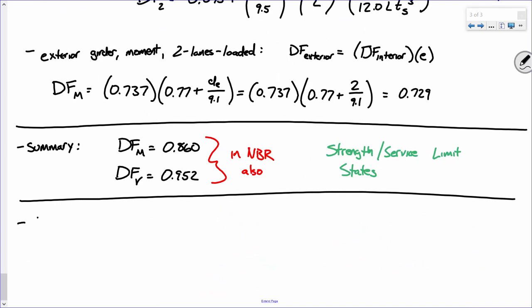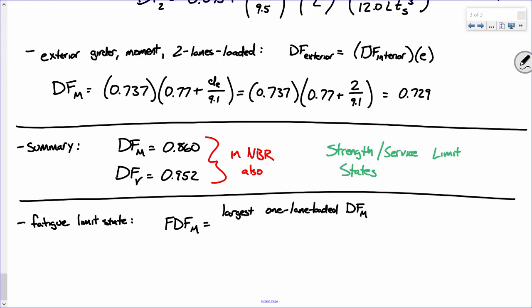I propose that for the fatigue limit state, and if you want, you can say a fatigue distribution factor for moment is the largest one lane loaded regular distribution factor divided by 1.2.